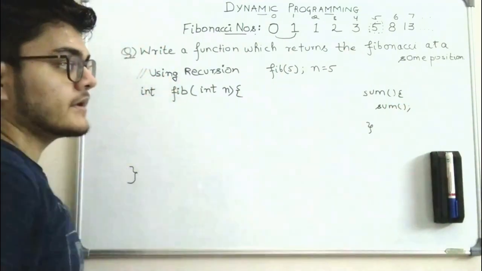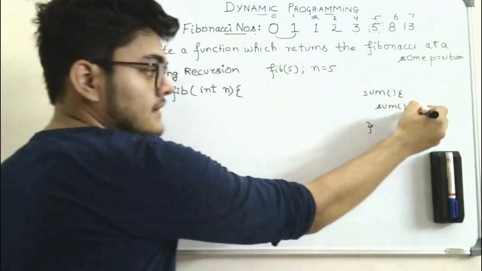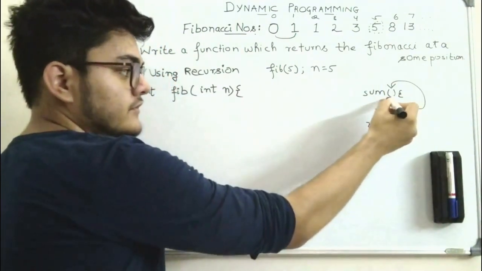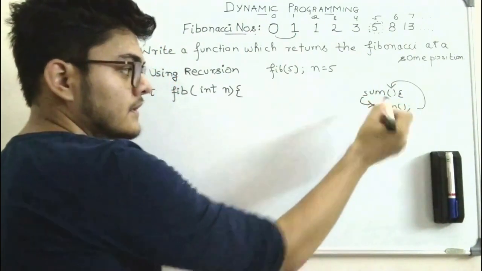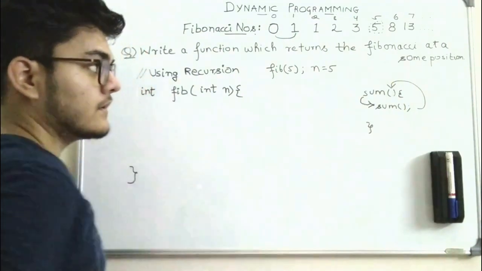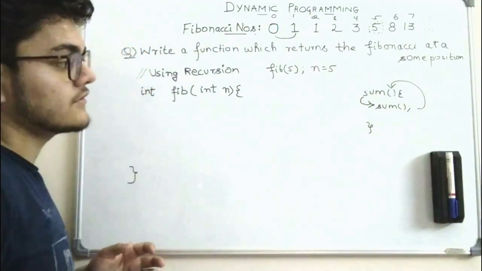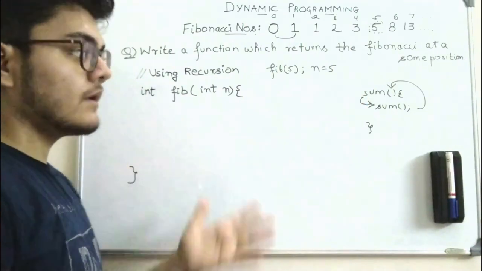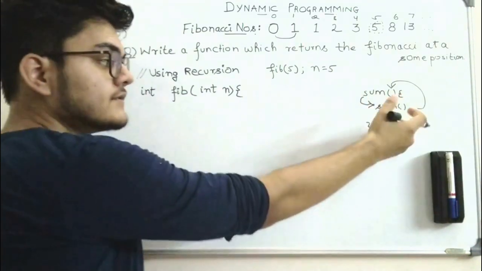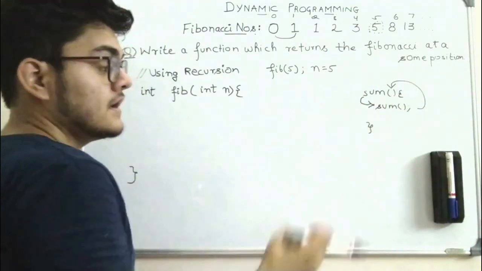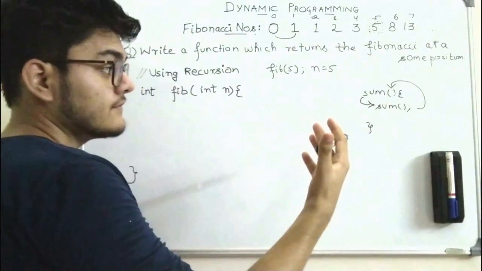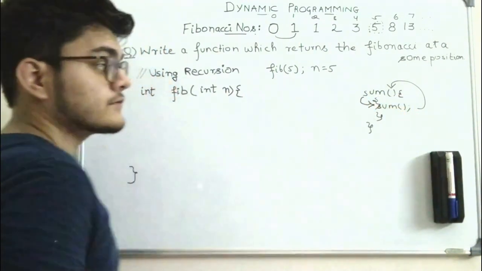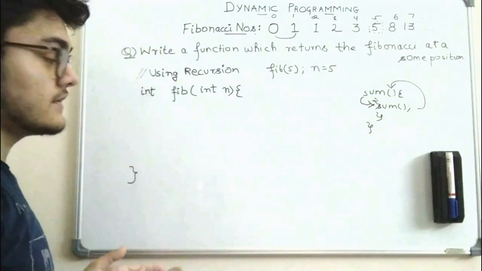It is going to call this function again, and then this sum function will go here, and this goes on. This is known as recursion. So recursion is a function calling itself. As you can see in this example, this will go on till infinity. So we will have to specify some condition to stop recursion at some position.